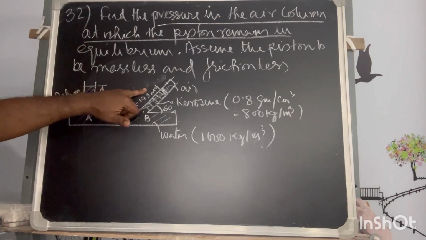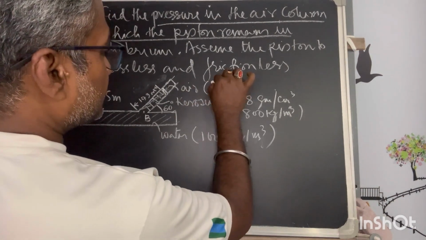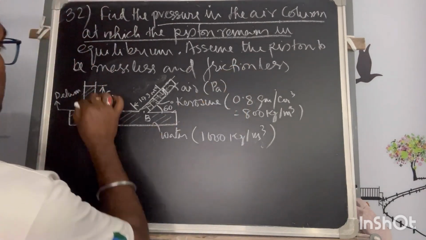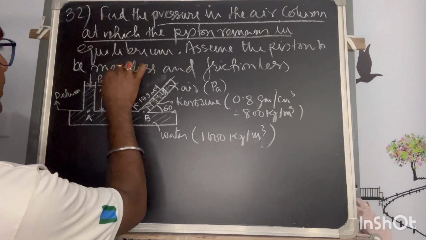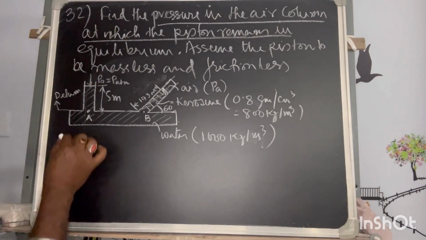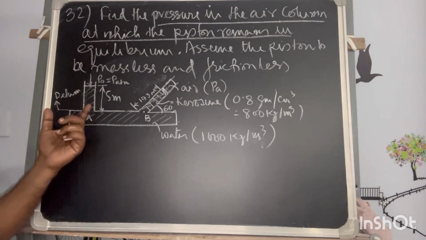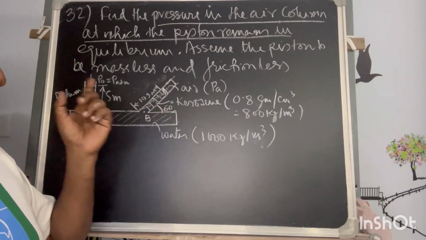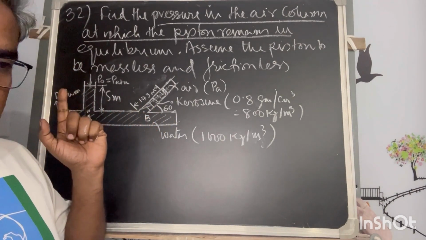Okay, fine. Now let's say the air pressure inside the cylinder is denoted by PA. This is the atmospheric pressure P0. Now what do we know as per our thumb rule? The pressure at the same elevation for the same fluid is the same.